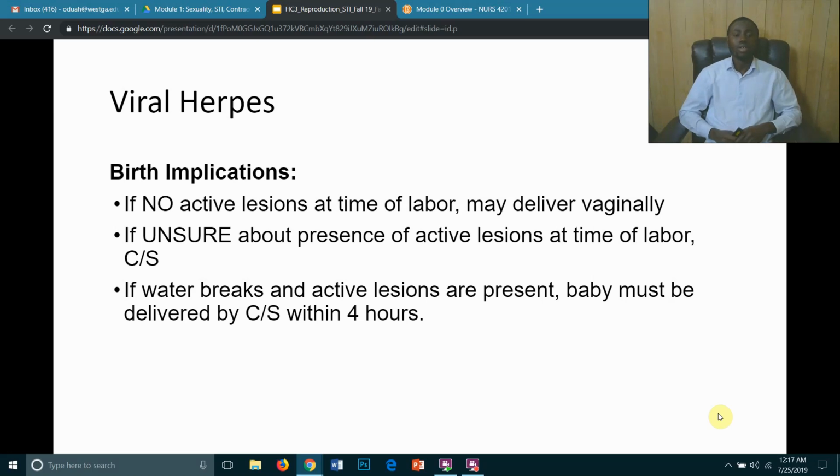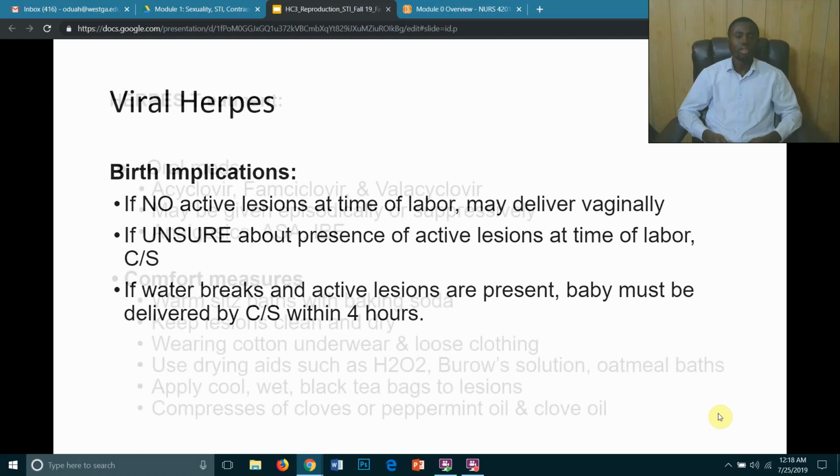So, if the water breaks and active lesions are present, baby must be delivered by C-section within 4 hours to prevent cross-contamination and intrauterine infection.